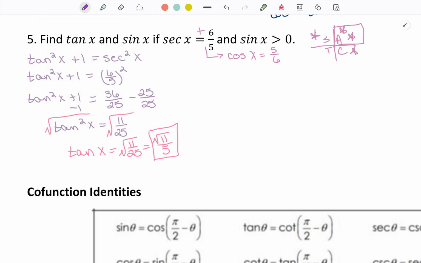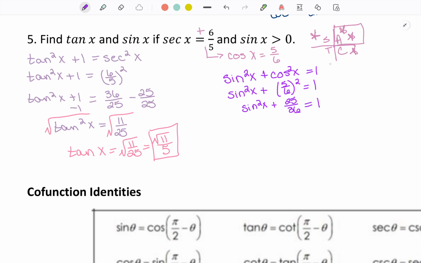So we know that we have sine involved in that first Pythagorean identity of sine squared x plus cosine squared x equals 1. And so we know that since secant is 6/5, cosine is 5/6. So we have sine squared x plus our cosine squared, which becomes 5/6 squared, equals 1. So we have sine squared x plus 25/36 equals 1.